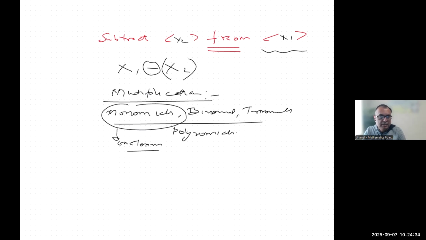Yes, a one term expression. So if I write 2x, this is a monomial. If I write 2x plus 4, it has two terms in it, it becomes a binomial. And if I write 2x plus 4 plus 3y, it becomes a trinomial. I'm going to the next page now.